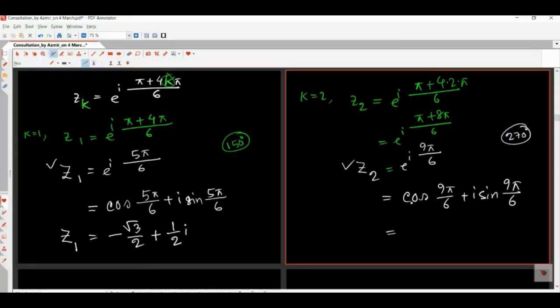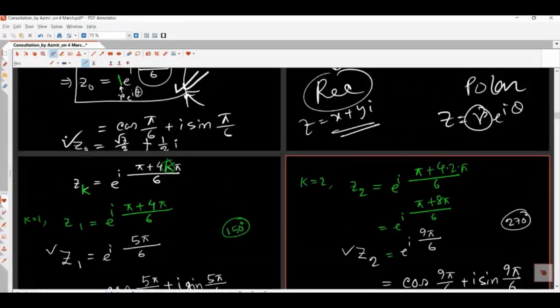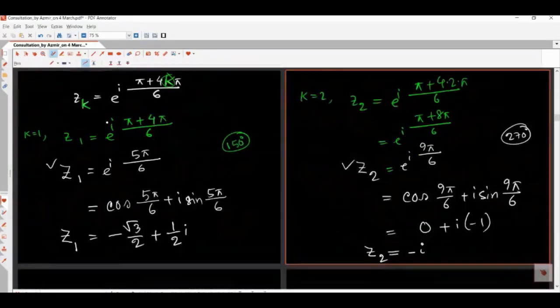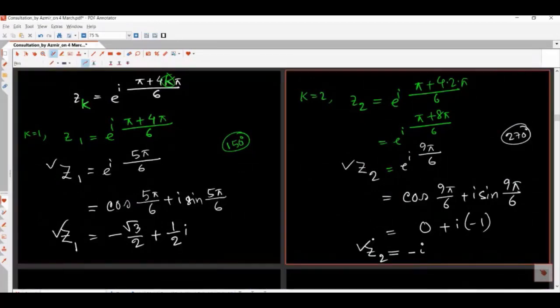So cosine 270 degrees is 0, sine 270 degrees is negative 1. So we are getting just negative i. So this is z2. So we have found all three solutions: z0, z1 and z2.